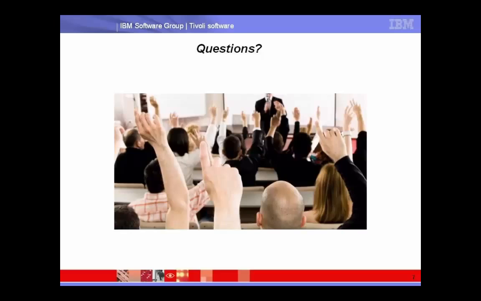Another question in the chat: is there a recommended mode, reporter versus audit? That would be pretty much a decision you'd want to make. If you were using NOI, I believe the new reporting gateway comes with that, and you have to use the reporting gateway, so that could make your decision for you. But if not, it all depends on what you want to have set up.